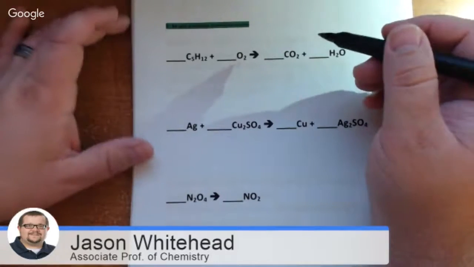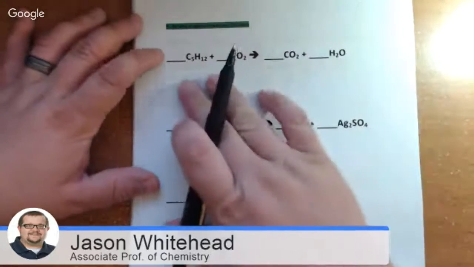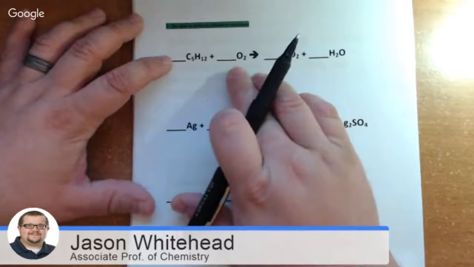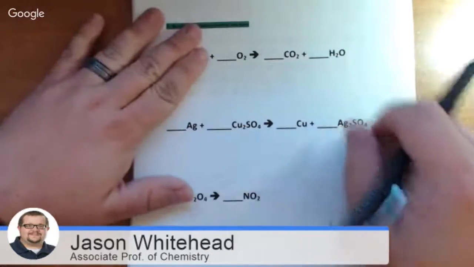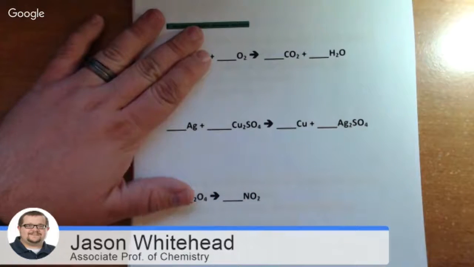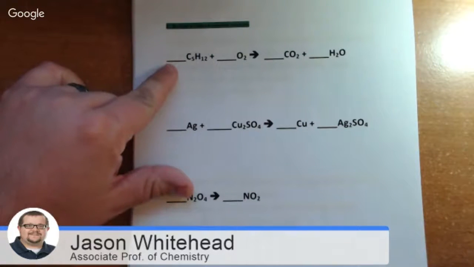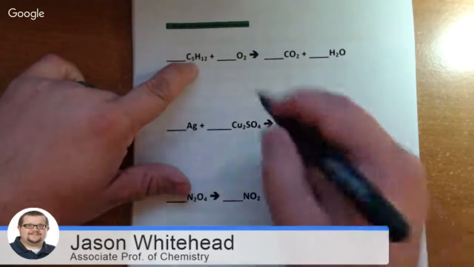Okay, good. People are chiming in with combustion. We're going to have fuel plus oxygen goes to CO2 and H2O. So I can change this piece. This fuel could be C6H6, it could be C3H8 if it was propane. So this is going to change, but you're always going to see these remaining pieces.